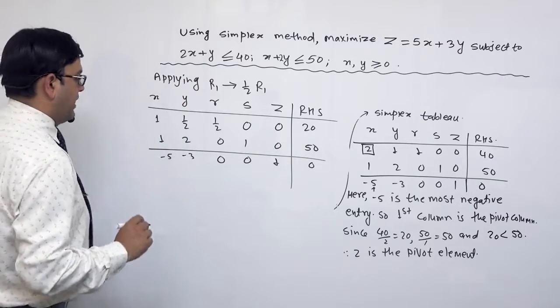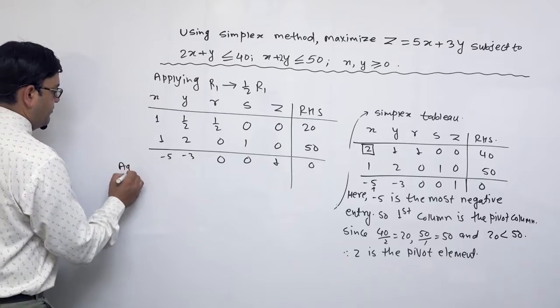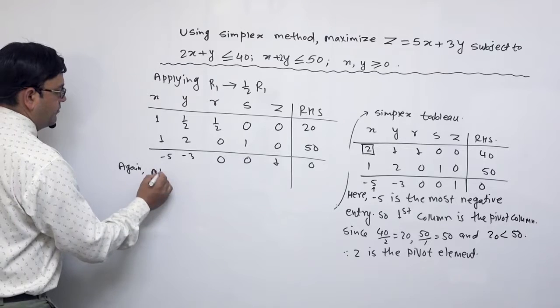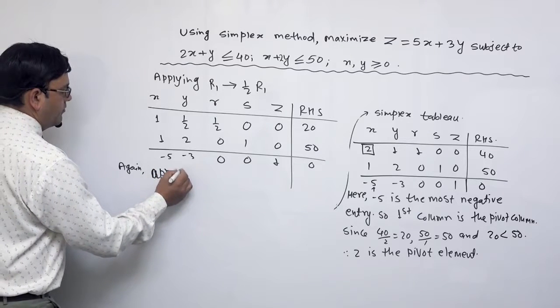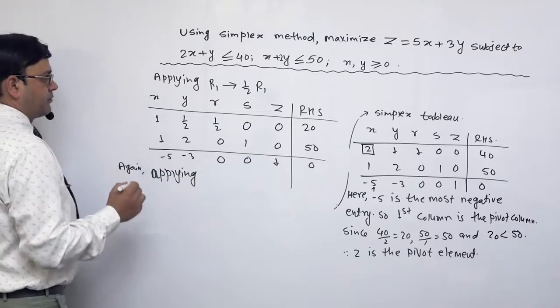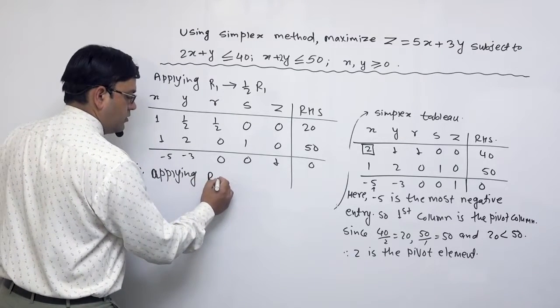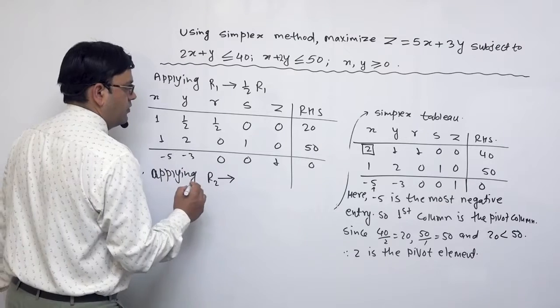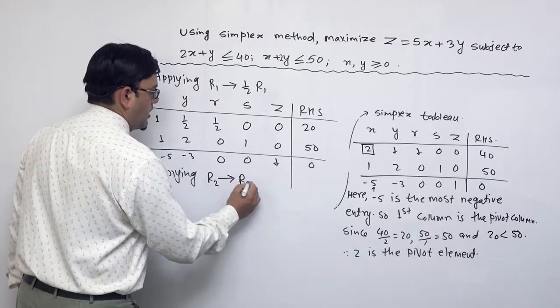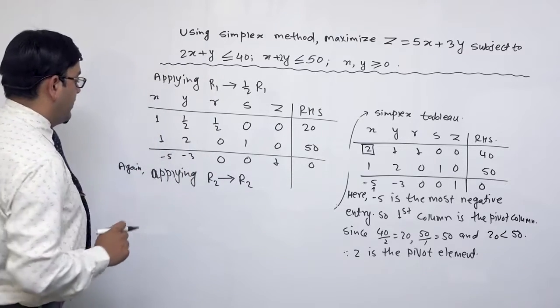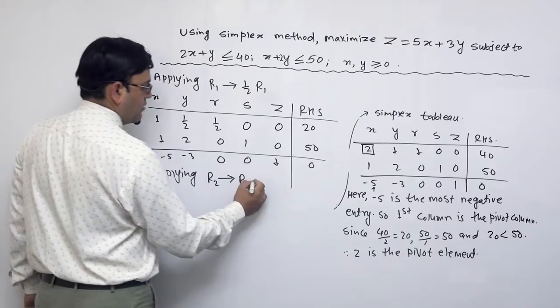Now again we have to apply R2 changes into R2 minus something. Look here, we have 1, and 1 minus 1 can be done by R2 minus R1.